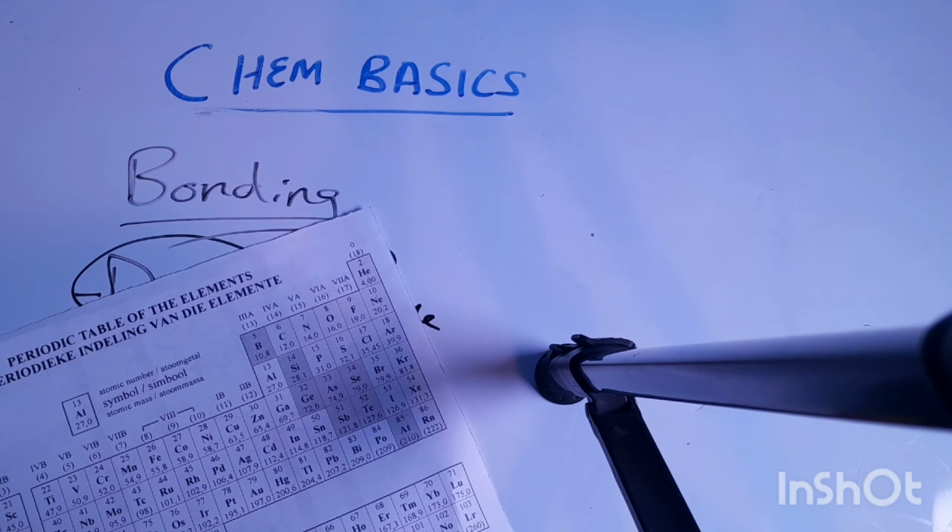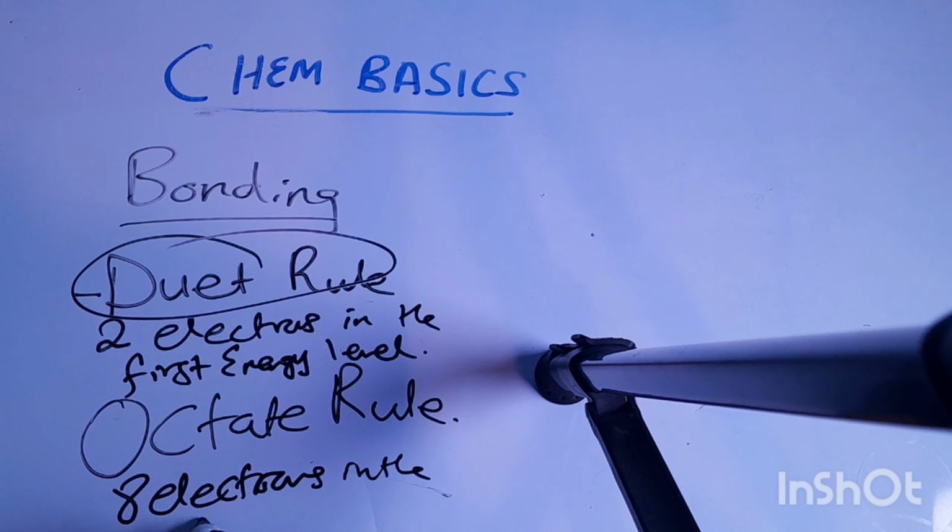Then we go to the octet rule. The octet rule says that for an atom to be balanced or stable, it needs to have 8 electrons in the outermost shell. If an atom has 8 electrons in the outermost shell, then it is balanced.